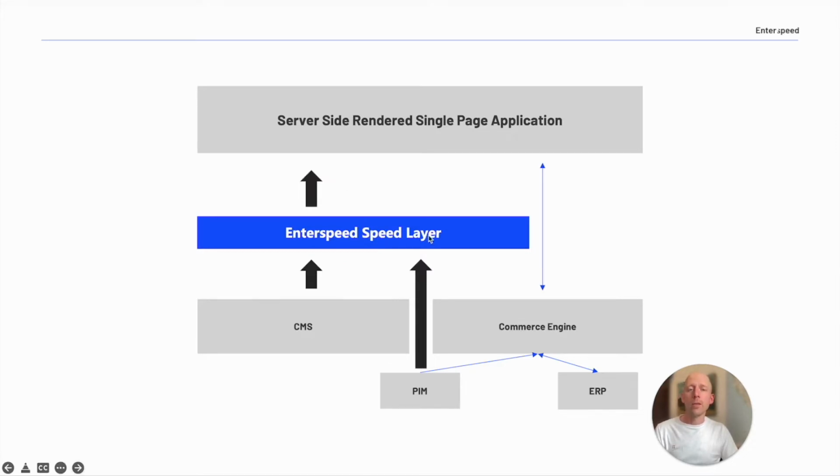And send that data to Enterspeed, and then you have a very clear decoupling from your backend systems, both architecturally and operationally. So when it comes to performance, you can get a different kind of performance, and you can do it regardless of what kind of backend systems you have. I'll show you that when we get to the demo.